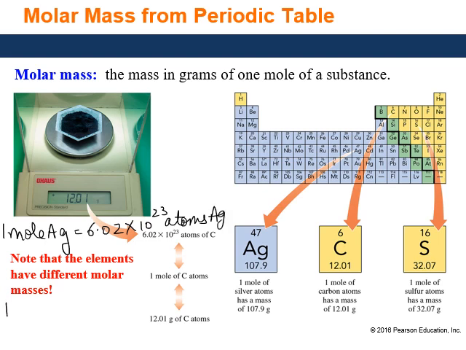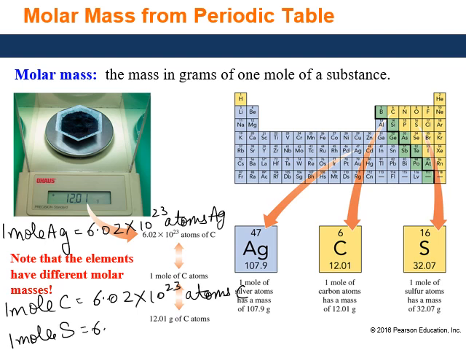Similarly, if you have 1 mole of carbon, how many atoms do I have? 12.01. Oh, sorry, that is molar mass. How many atoms do I have? 6.02 times 10 raised to power 23 atoms of carbon. If I have 1 mole of sulfur, how many atoms do I have? 6.02 times 10 raised to power 23 atoms of sulfur.